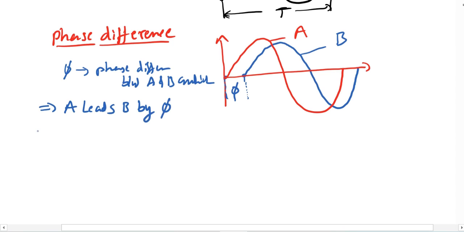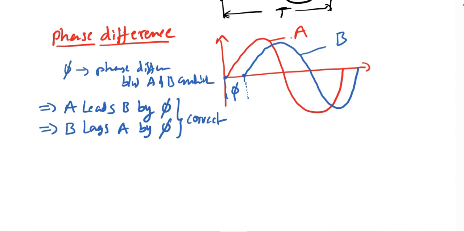Otherwise, B lags A waveform by pi angle. These two statements are correct. A leads B by pi, or B lags A by pi. That is the phase difference and the leading and lagging concept.